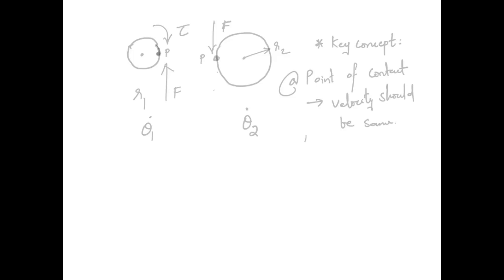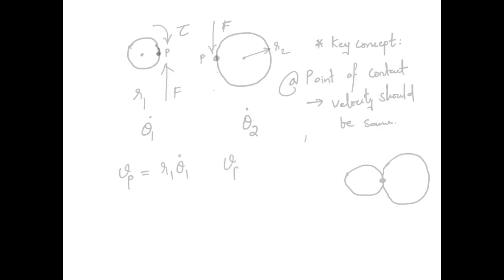When they come into contact, these two points merge into a single point. If we compute the velocity of the point P, considering it as a point in body 1, the pinion, the velocity will be given by r1 theta 1 dot.